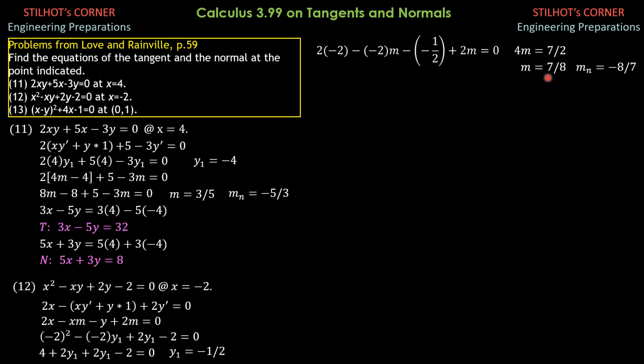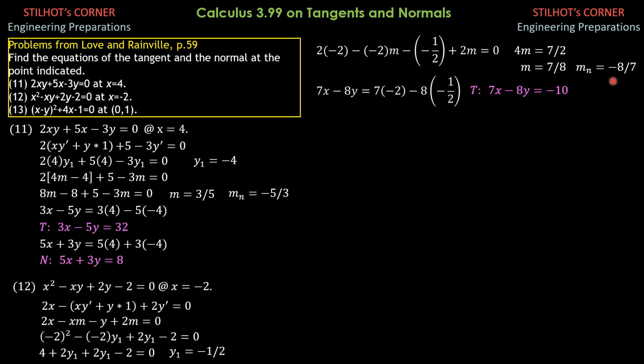So if the slope of the tangent is 7 over 8, the equation expected is 7x minus 8y equals 7 times negative 2 minus 8 times negative 1 half. So this is negative 14 plus 4, that's negative 10. Therefore, the equation of the tangent is 7x minus 8y equals negative 10.